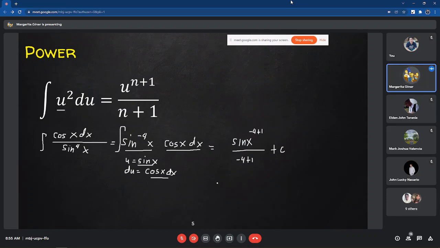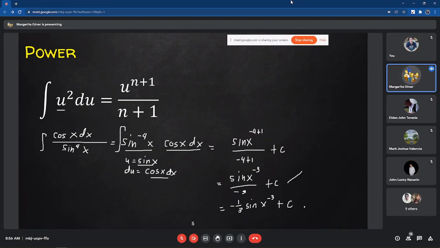Okay? Try to simplify this. Now you have sine x raised to minus 4 plus 1, which is minus 3, divided by minus 3 plus c. Or your answer can be negative 1/3 sine x to the minus 3 plus c.